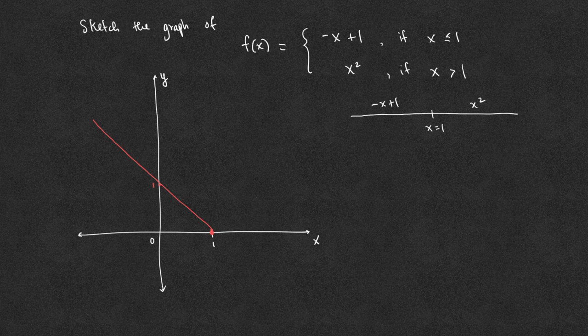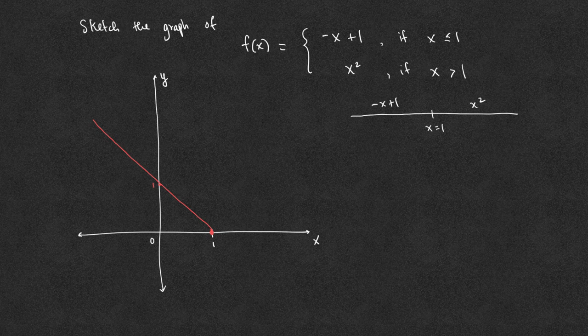Alternatively, we can just simply grab negative x plus 1 all the way and take out what we don't want. And again, what we want is the part that is on the left hand side of 1 only.